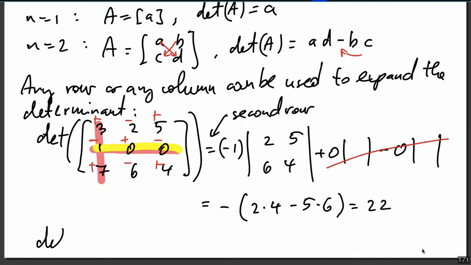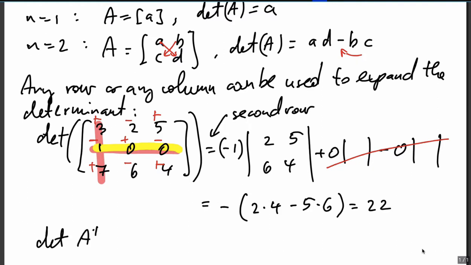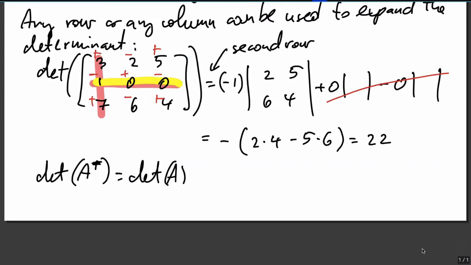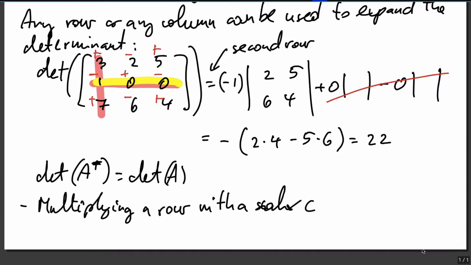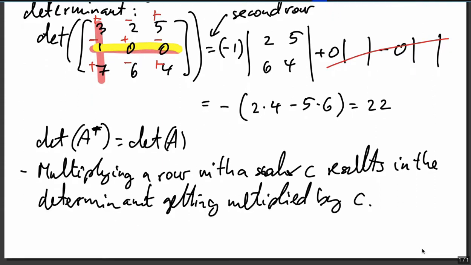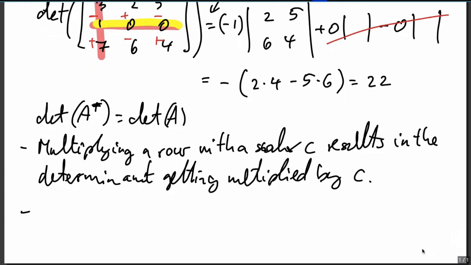Some other properties, for example, the transpose matrix has the same determinant as the original matrix. Then another property: multiplying a row with a scalar C results in the determinant getting multiplied by C. Also, adding rows of A together leaves the determinant unchanged.